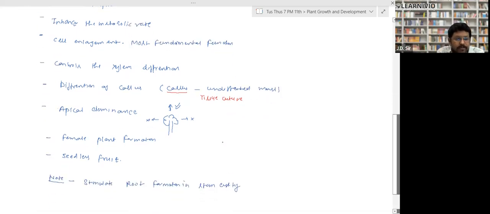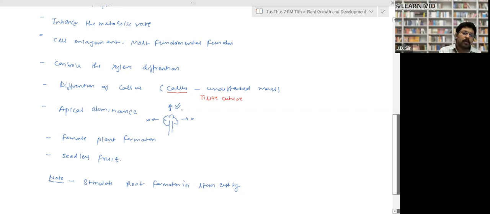Next point is it is responsible for apical dominance. Apical dominance means the apex of the plant will grow upward, so the length will increase and it will suppress the horizontal growth. Horizontal growth will be less and vertical growth will be more. That is called apical dominance.